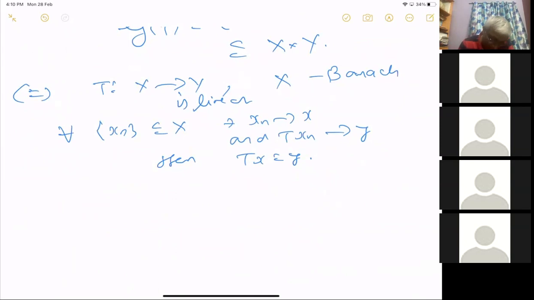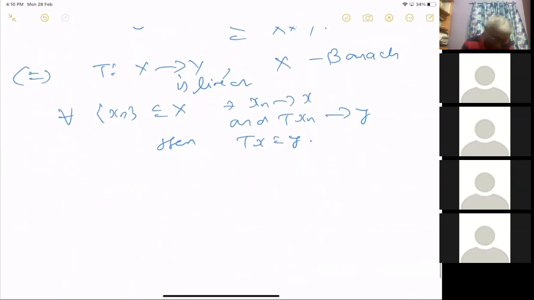Again, the closed graph theorem will not work if X is not a Banach space. Here is a counterexample. Define T from C1[0,1], which I have already defined.